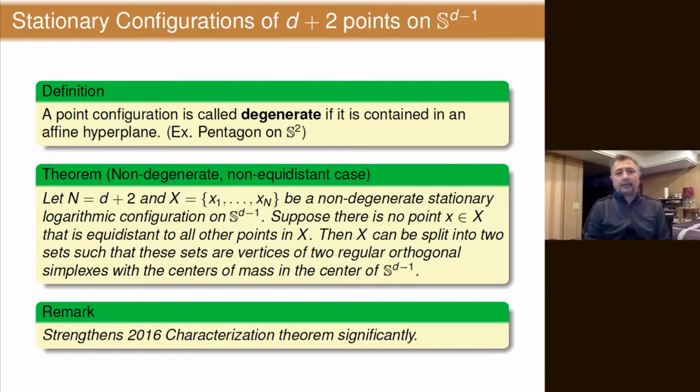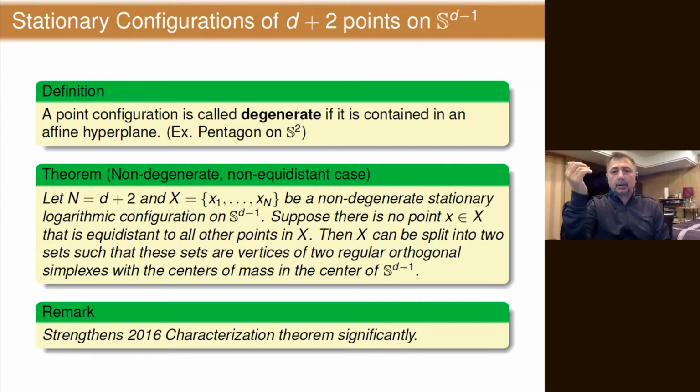So we are considering first the non-degenerate, non-equidistant case. So if you go back to that 2016 classification, we don't want a configuration to be degenerate, and we don't want to have a point that is equidistant to all the others.